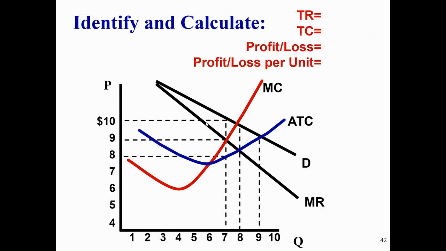Now, identify and calculate this one. TR, TC, profit or loss per unit. Stop, pause the video, please try it on your own, and then play again. So if you identified that 7 times 10, which means 70, is my total revenue, you're right.